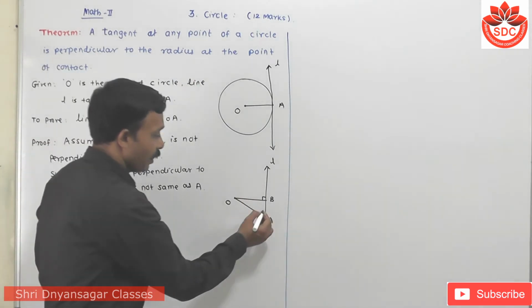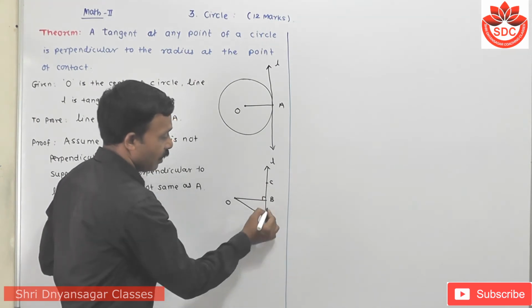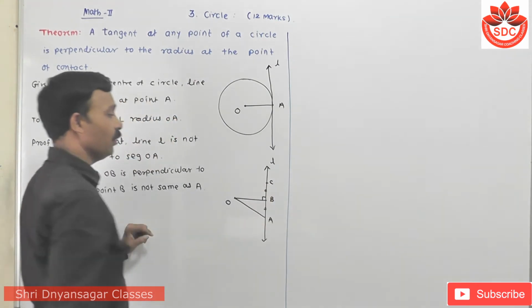Now we take another point, suppose C, such that AB is equal to BC.